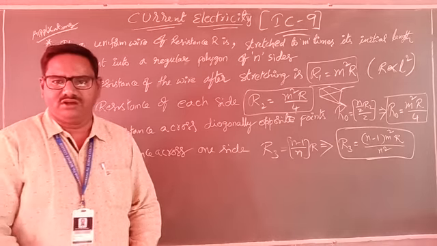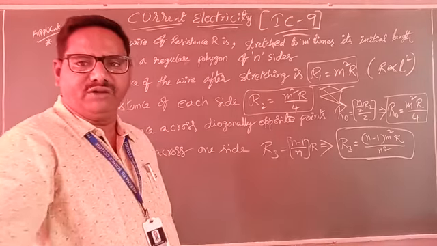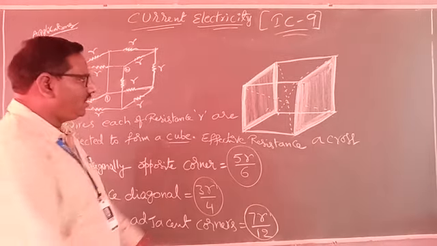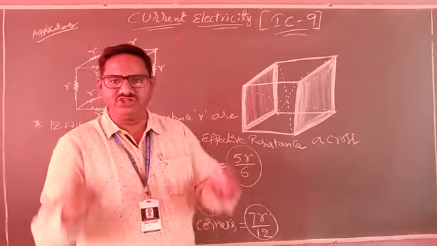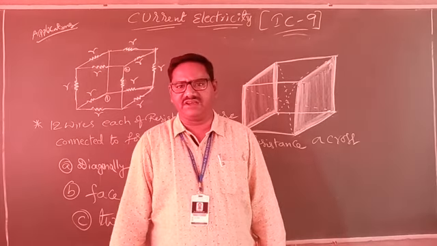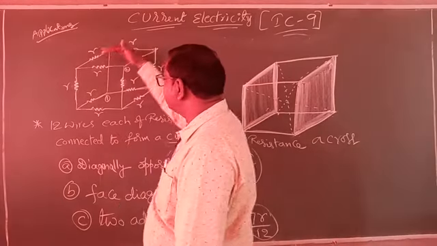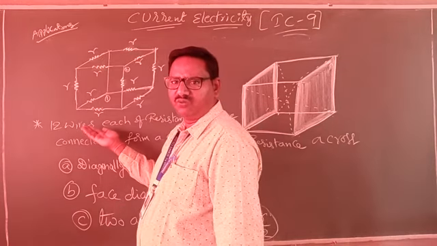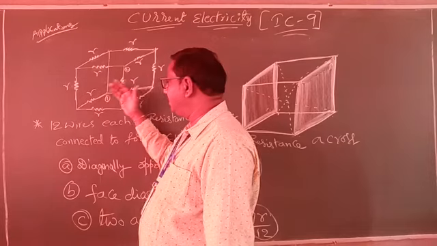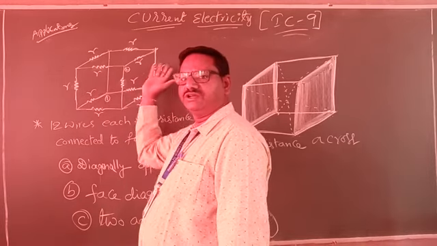Next one is the cubic shape. If you take one cube diagram, in that a cube, we already know the cubic shape. Assume it as a room. Okay, how many surfaces does a room contain? 6 surfaces. So one is the top, second is the bottom, this side, and opposite to front and opposite to back.